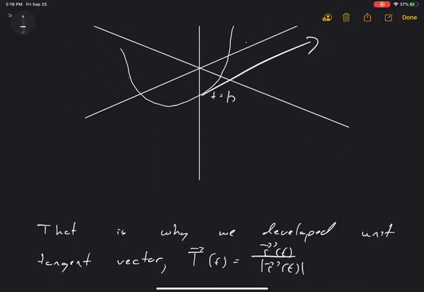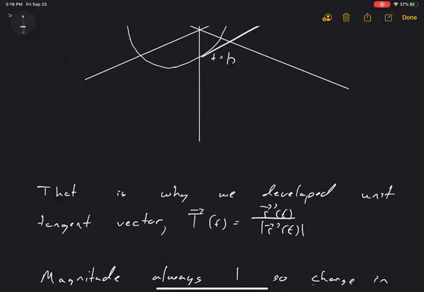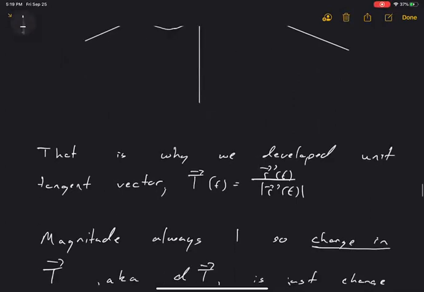Remember we talked previously, that's why we developed the unit tangent vector. So we go from R of t, take its derivative to get R prime of t, and then we scale this down so its length is equal to 1, by taking R prime of t and dividing it by its own length. That's going to scale it down to length 1.